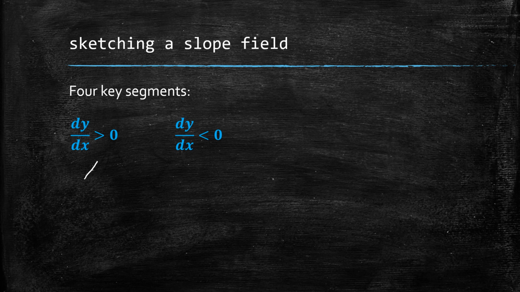Perhaps dy/dx comes out to be negative, you'd get a segment like that. If dy/dx equals 0, we are looking at a horizontal segment. And if dy/dx is undefined, it is possible that the tangent line to the solution curve at that point is vertical. It's also possible that the function just has a discontinuity there.